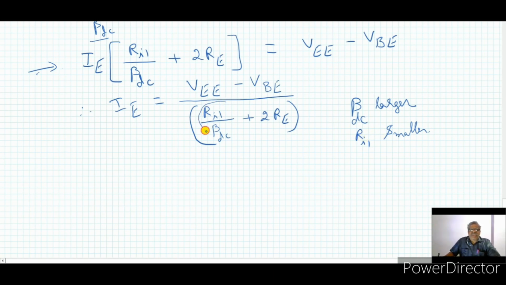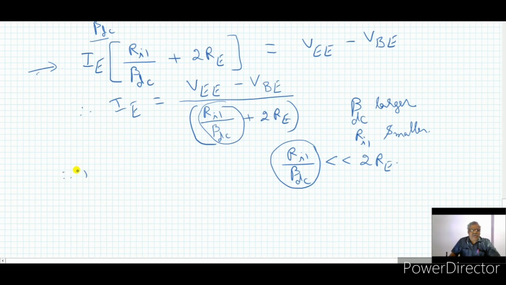So if you consider this ratio, RI1 by beta DC will be much smaller than 2RE. Hence, this component can be neglected in the above expression.